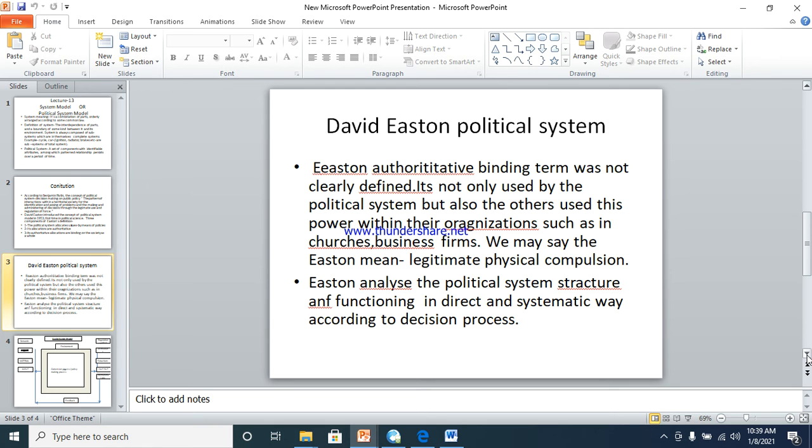They have authoritative powers, and all the persons working in those organizations are bound to obey their policies.